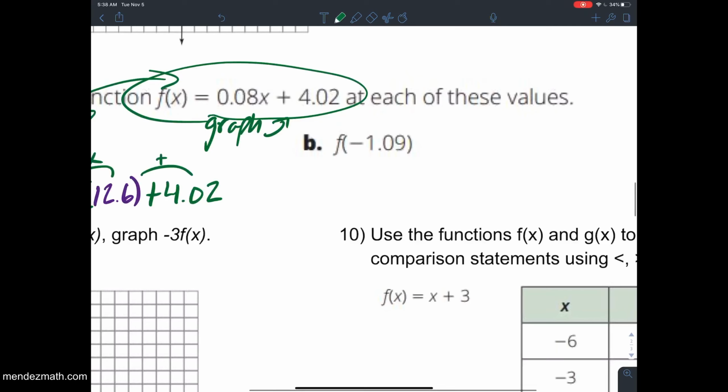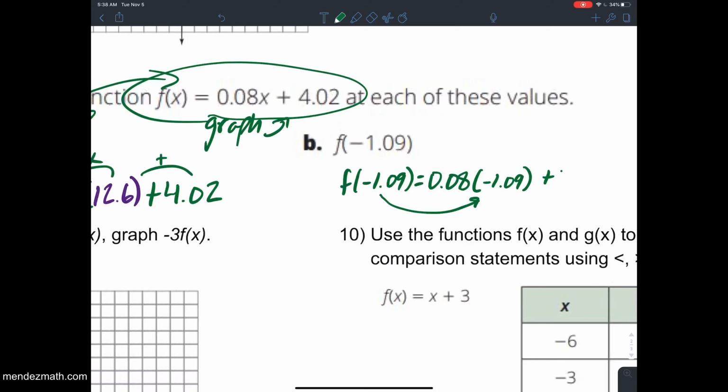you go ahead and you write f of negative 1.09 equals 0.08 times, again, plug in this value right there, negative 1.09, plus 4.02.